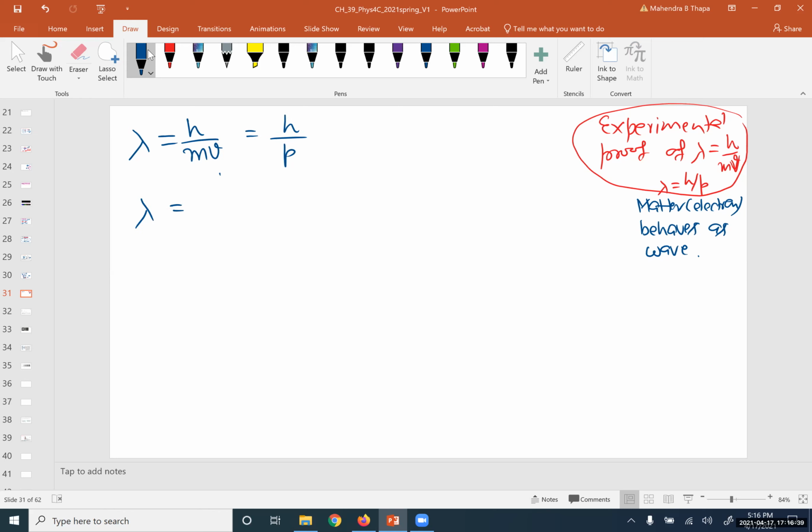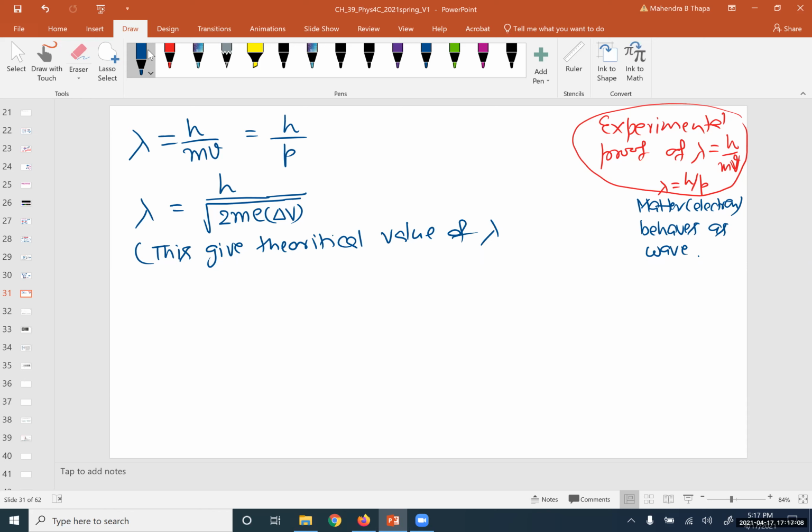We can plug in the value of p from the previous part, so it will be h over the square root of 2m e delta V. This gives the theoretical value of lambda for the electron.